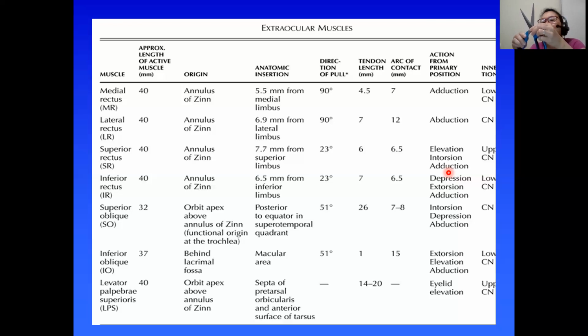The two recti muscles go medially, towards the nose, both of them. So that means both your recti muscles will go medially. They will adduct. And the oblique muscles will go laterally.